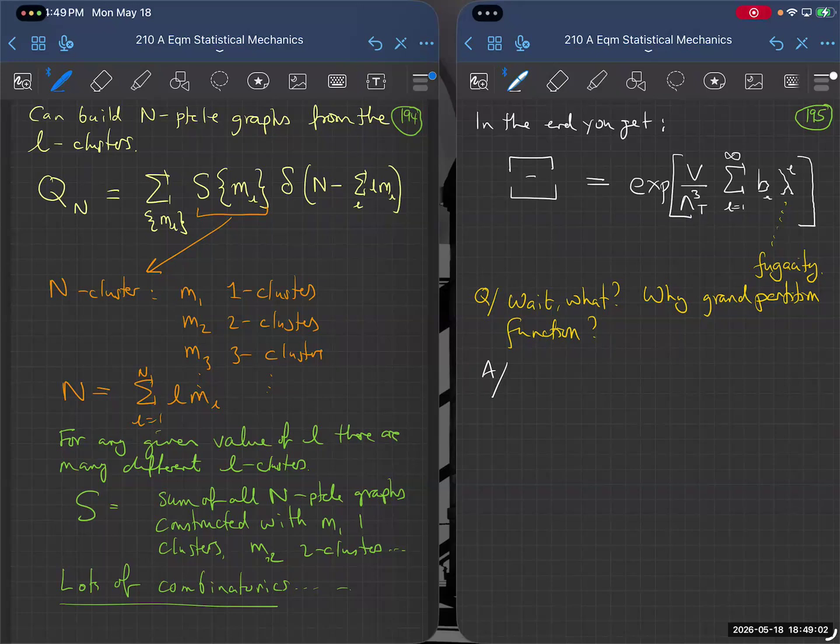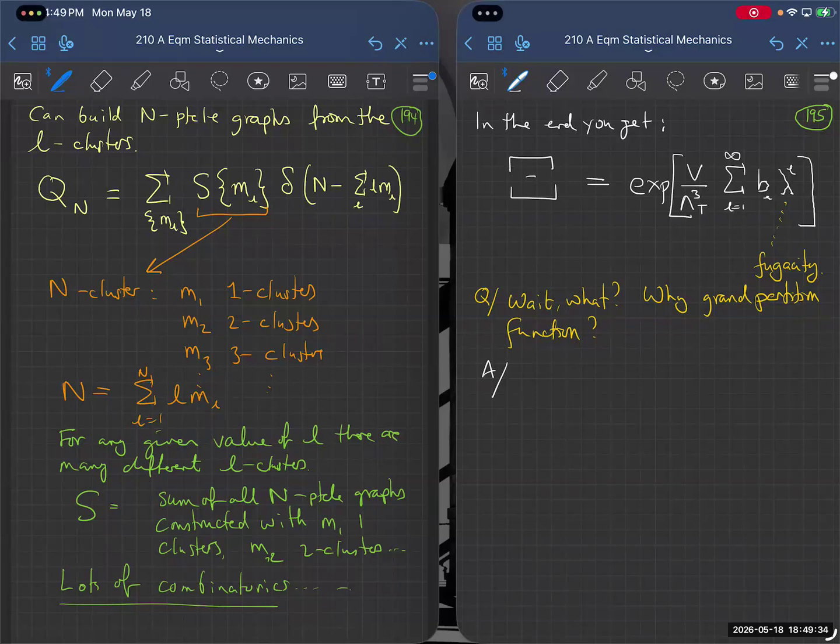And what is our amazing trick for dealing with constrained sums? Go to the grand canonical distribution where everything factorizes. Look, we went to the grand canonical distribution because I'm talking about chi, and did everything factorize? Well, this is e to the something, e to the sum of a bunch of stuff. In other words, it factorized.